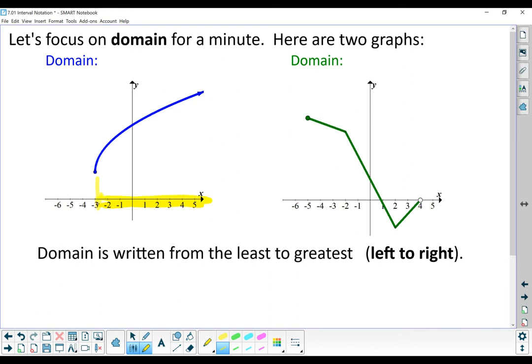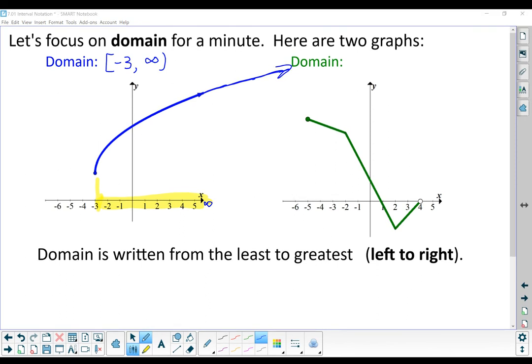So I highlighted the part of the x-axis that our function covers. So if we were to write that domain, it would be that it is starting at -3 and it's going to infinity because we've got this arrow going off to the left. So in theory, if I zoomed out on my graph, that would just keep continuing on its path forever.